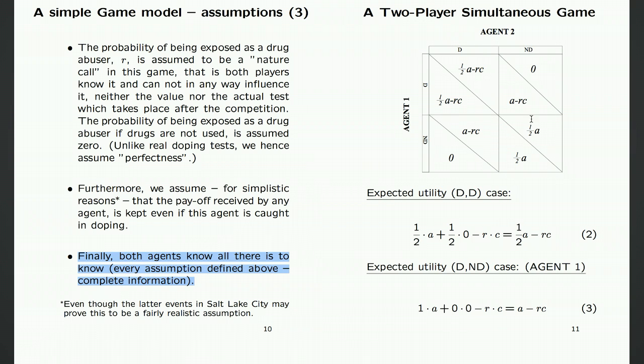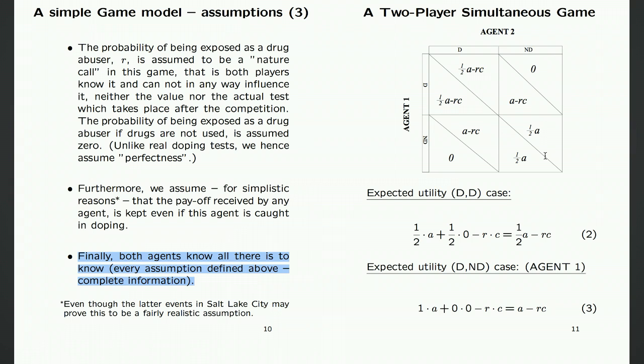We can start at the bottom with this square. In this case, agent 1, one of the athletes, chooses ND, which is not doping. The same for the other, so nobody takes drugs in this situation. In that case, as our assumptions indicate, there is no risk of being exposed as a drug user, so this cost C of being exposed is not present.